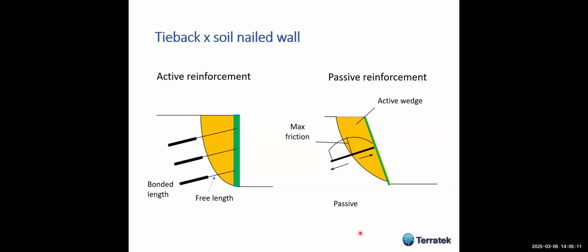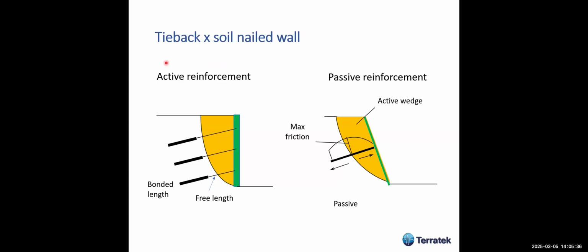And how do they develop, how do they mobilize friction? They mobilize friction when the wedge, the failing wedge, tends to move. If there is a displacement, a very small displacement, this is going to cause the nail to work, to develop friction, and that's the way they work.